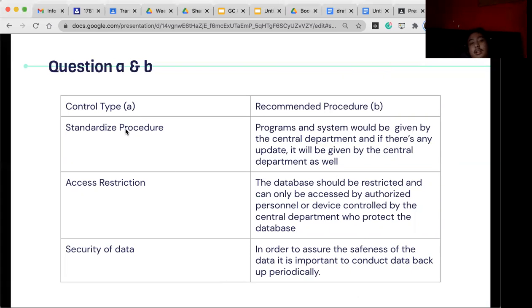So here are 3 that I suggest. The first control type is standardized procedure. The recommended procedure is that programs and systems would be given by the central department, and if there's any update, it will be given by the central department as well.